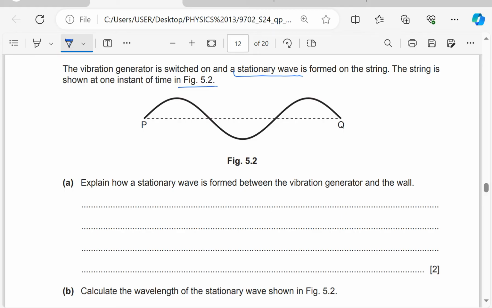We expect that a progressive wave from the vibrating generator travels along the string.